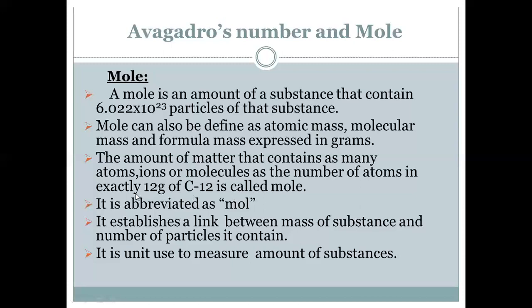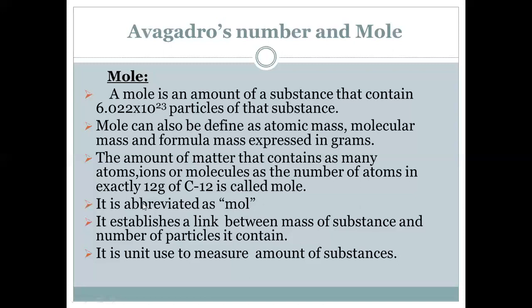So 12 grams contain how many atoms, ions, or molecules? Those atoms are called mole. Similarly, the masses of all the atoms, we will say, are equal to 1 mole.